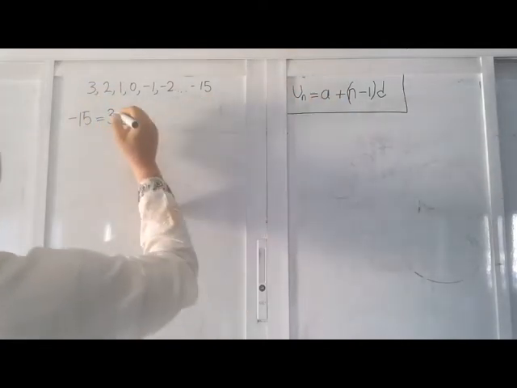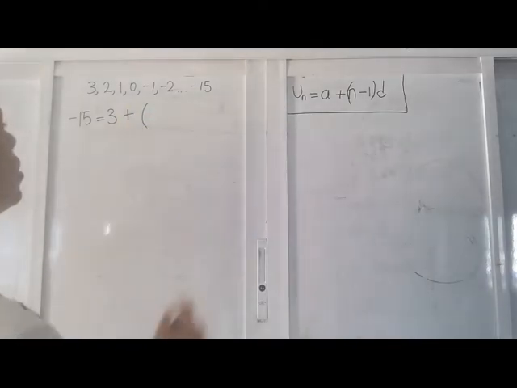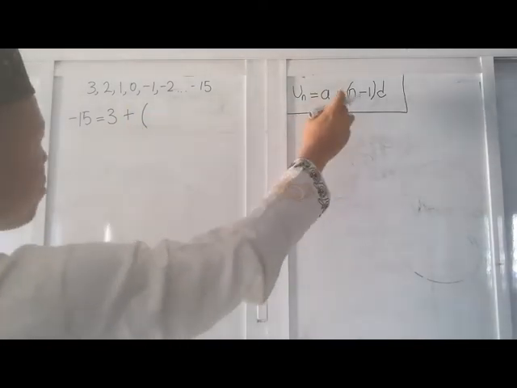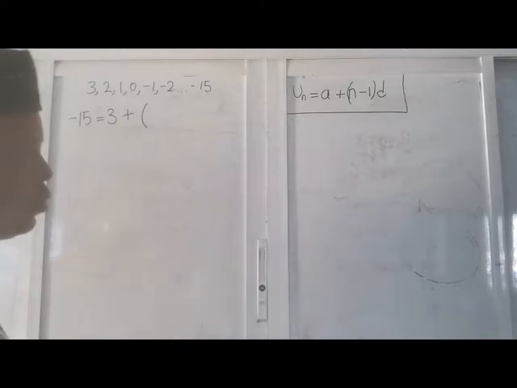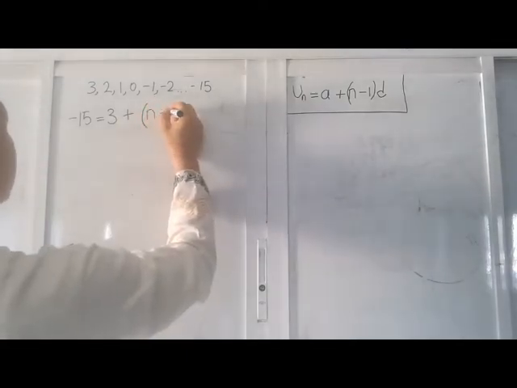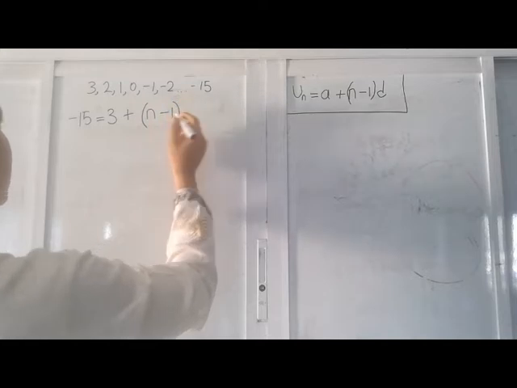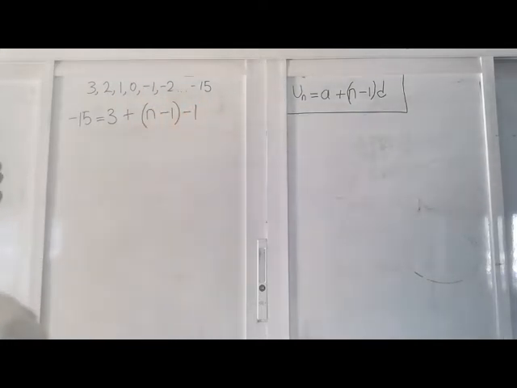We have our plus. We open our brackets. We have our n, the total number of terms. How many they are, we don't know. So let's still represent it with n minus 1, and the common difference we've gotten is minus 1.